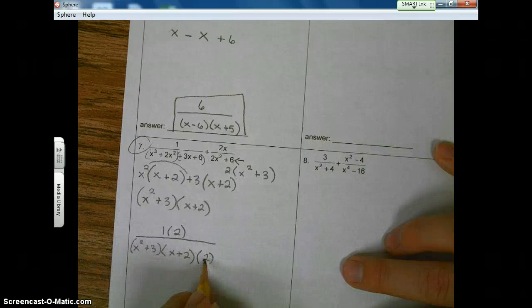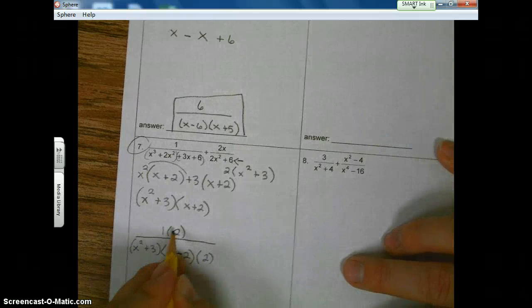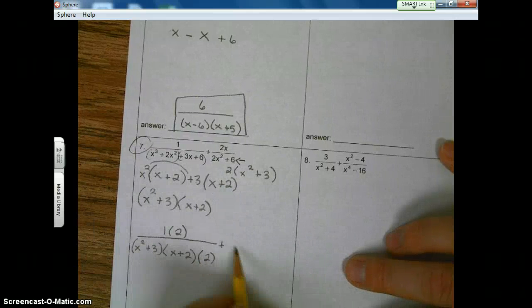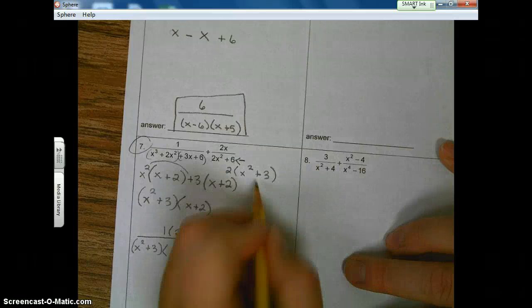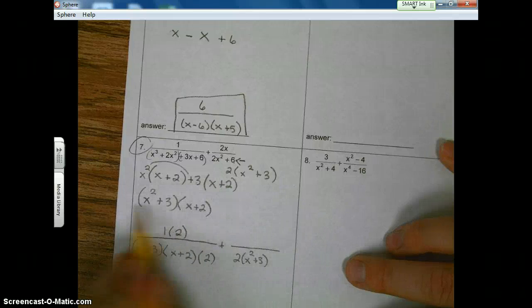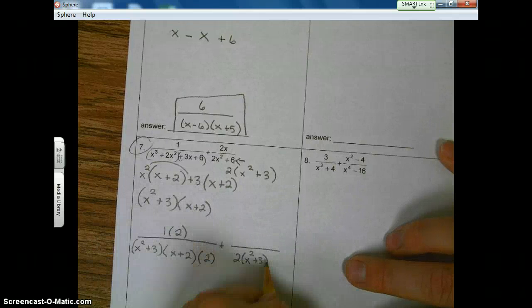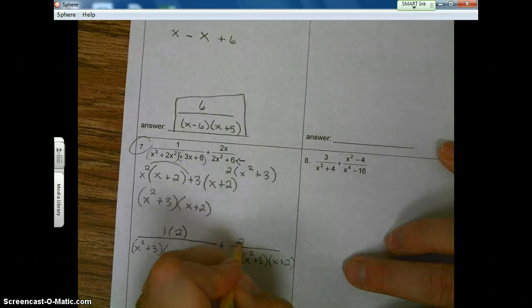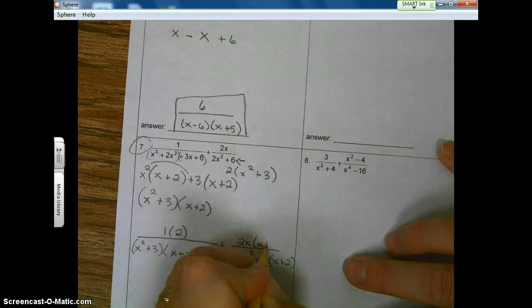Because if the denominator needs it, the numerator needs it too. Plus, okay, this denominator has a 2. It has an x squared plus 3. What does it need? It needs an x plus 2. The denominator needs an x plus 2. The numerator needs an x plus 2.